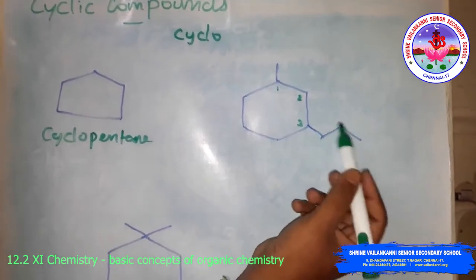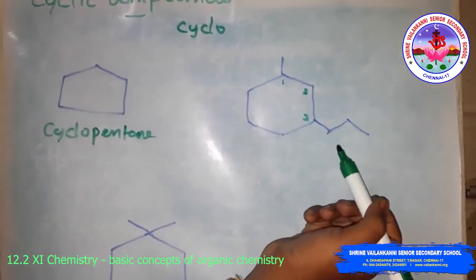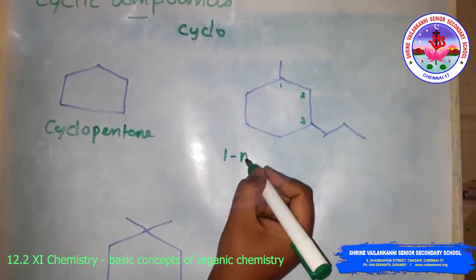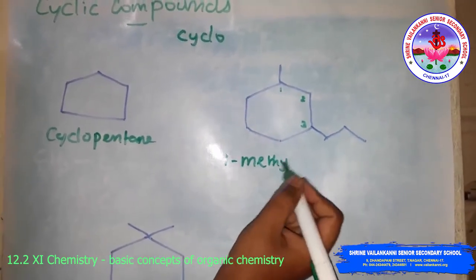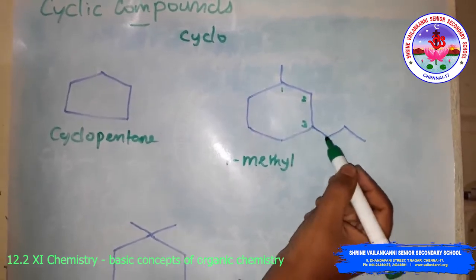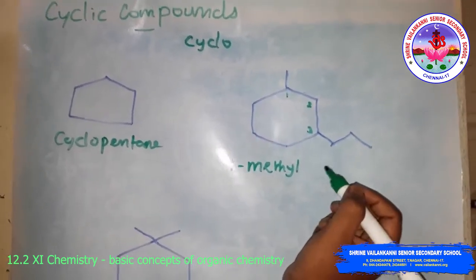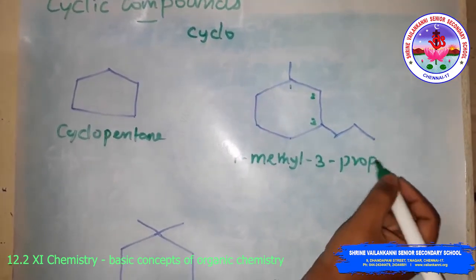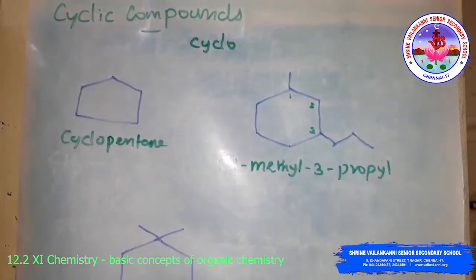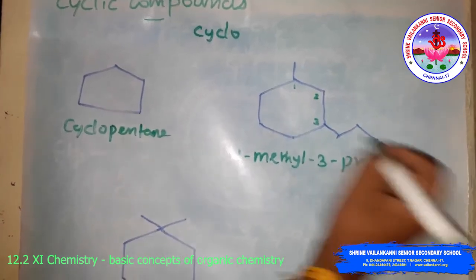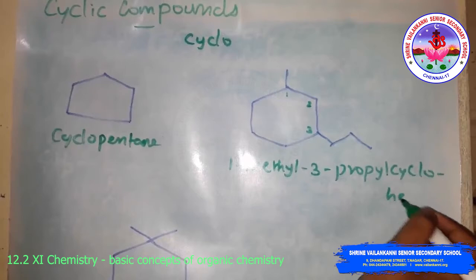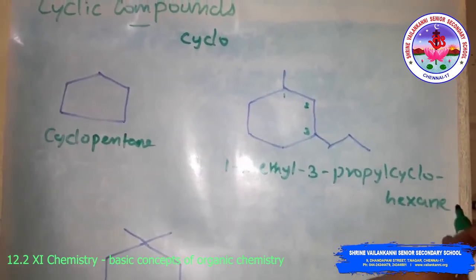This is a propyl group, so the third position is propyl, first position is methyl. So 1 methyl, then third position 1 2 3, 3 carbons, so 3 propyl, then cyclo, this name is cyclohexane. Okay.